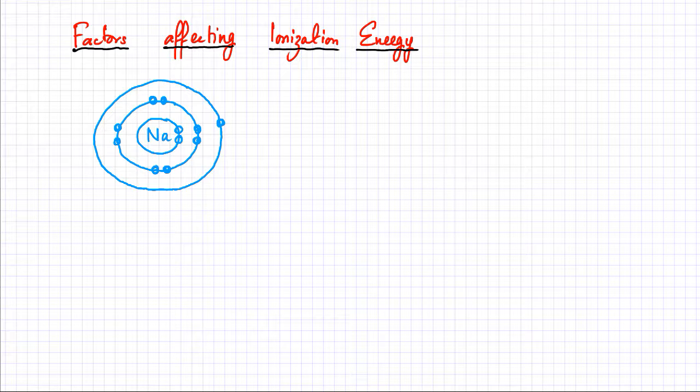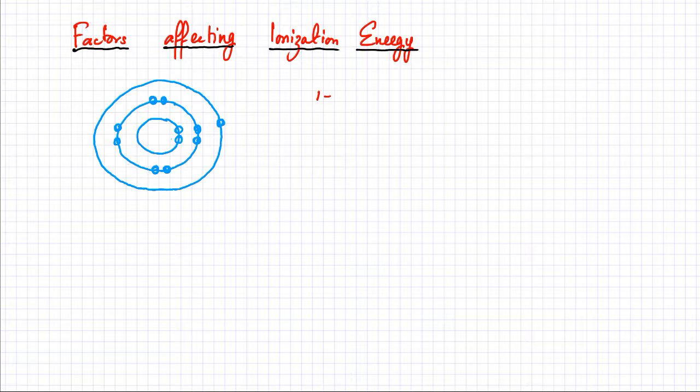Now remember, we're trying to remove electrons over here. And we're going to assess what factors are going to affect how difficult or easy removing an electron is going to be. So the first thing that we need to know is that there is a positive nucleus. Sodium had 11 protons.